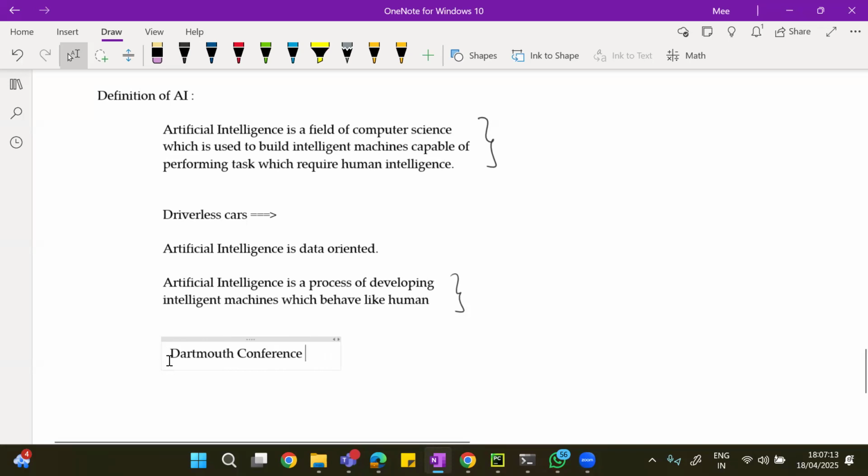Actually, Dartmouth is a college, and they conducted a conference and invited the best brains from different sectors to come and present their research work. This college comes under the university called MIT, Massachusetts Institute of Technology. Now, a gentleman came over here by the name John McCarthy.